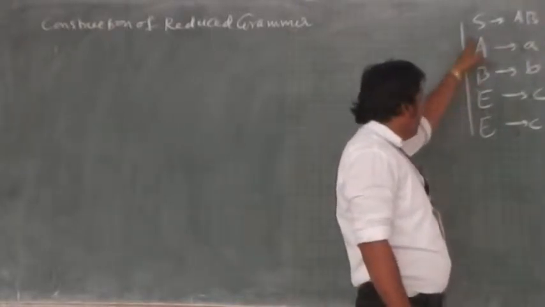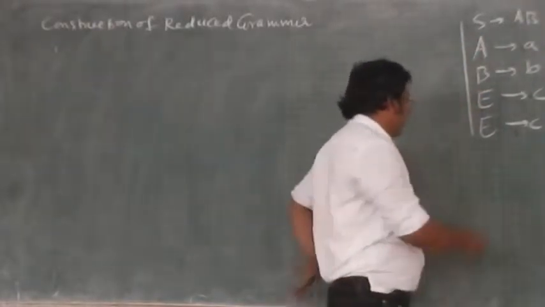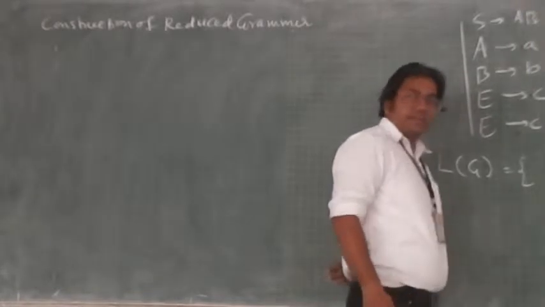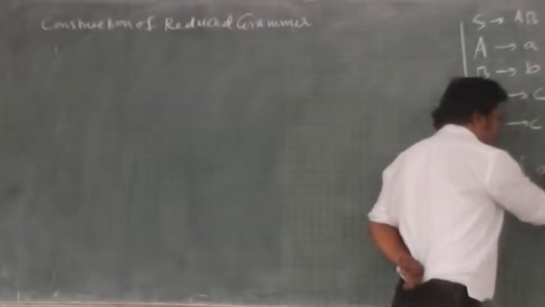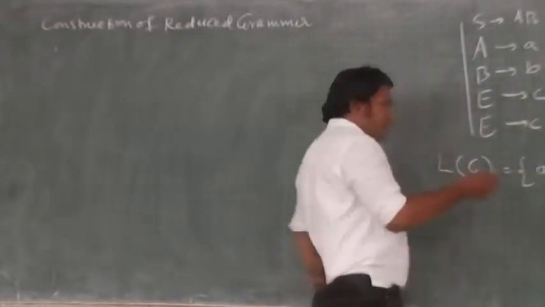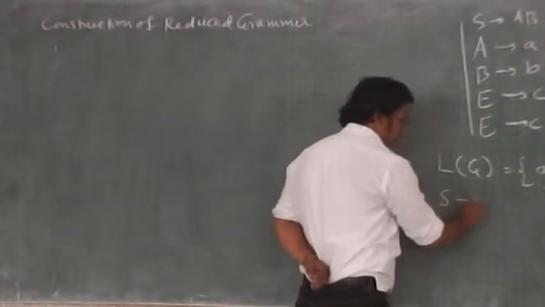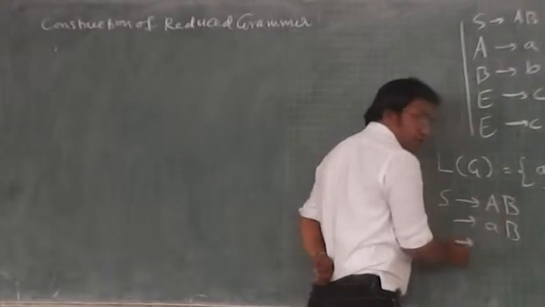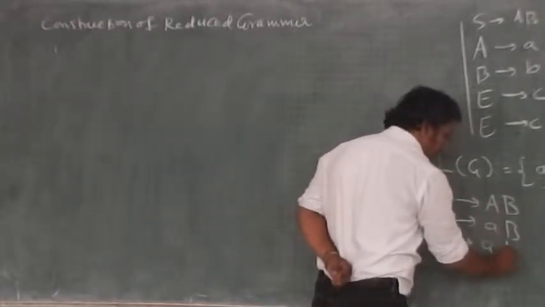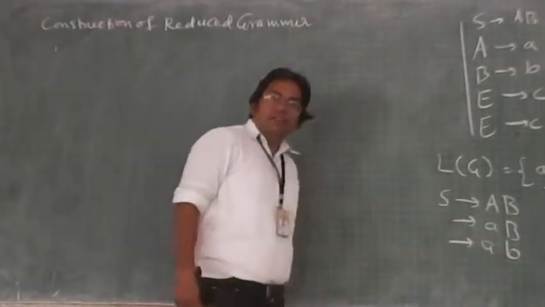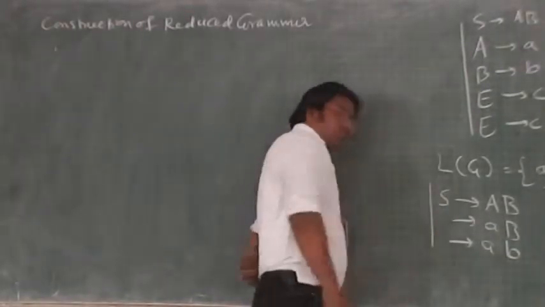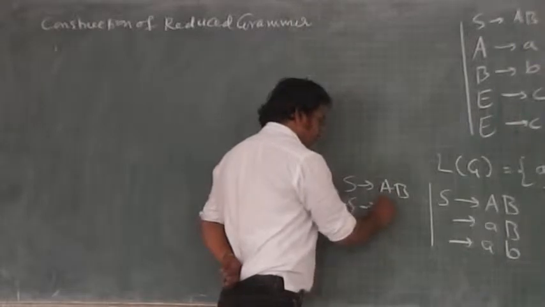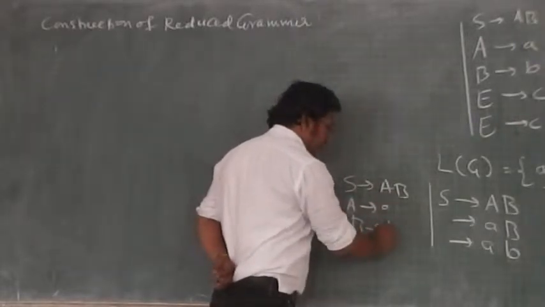In this grammar, the only sentence generated by this particular grammar is ab. This sentence has been generated by utilizing the production S implies AB, A is substituted by small a, and capital B is substituted by small b. The productions involved in this derivation are simply S implies AB, A implies a, and B implies b.